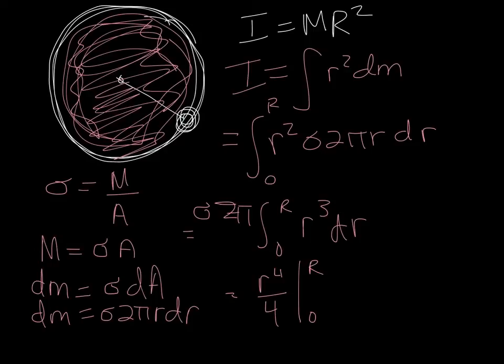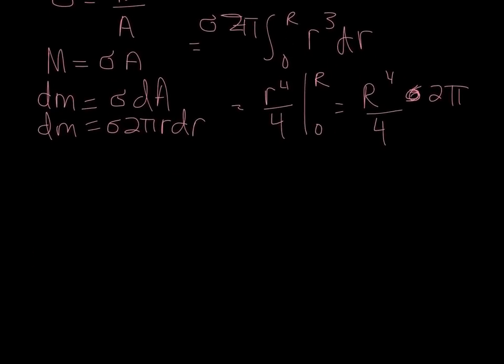So that's really just r to the 4th over 4 times sigma 2 pi. That's not a 6, but a sigma.